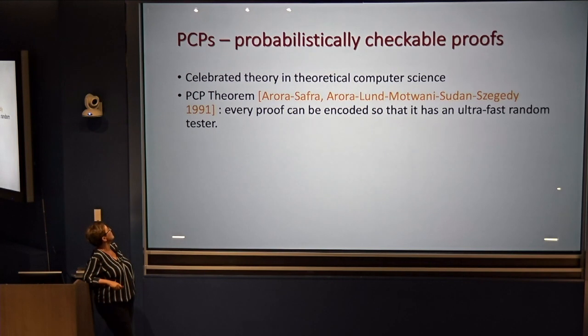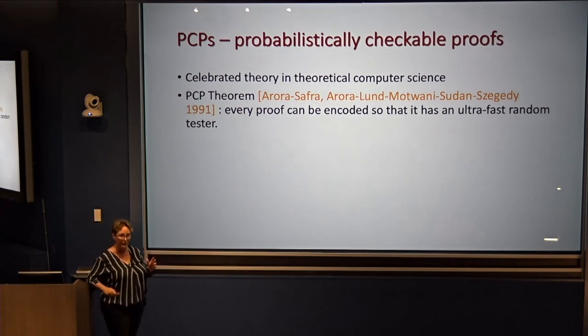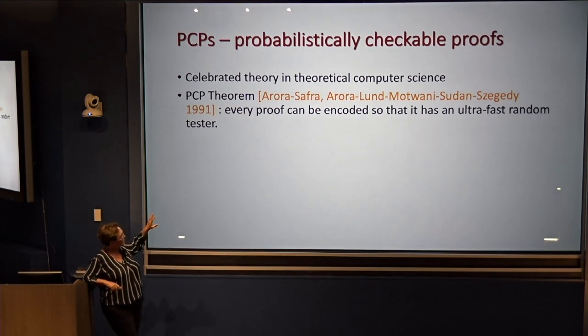Nevertheless, the famous PCP theorem, proven 30 years ago, says that every proof can be encoded so that you have an ultra-fast random checker or tester for this proof. This is written in a very non-rigorous way, but I hope you understand the meaning.